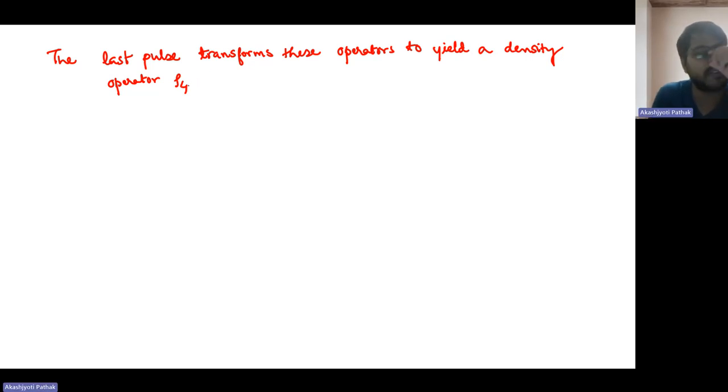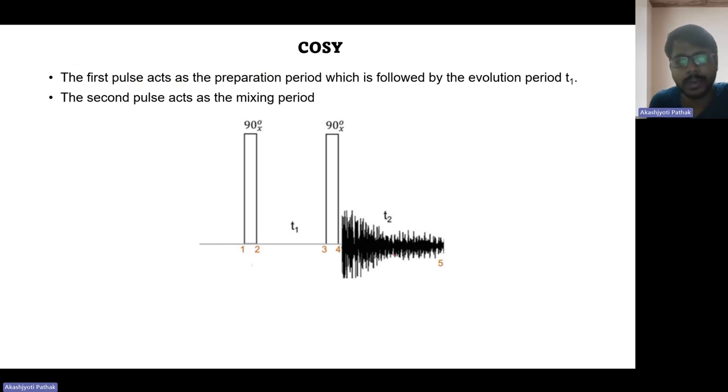So rho 4 is a density operator at time point t4 of the pulse sequence. Can you understand? Are you able to understand?